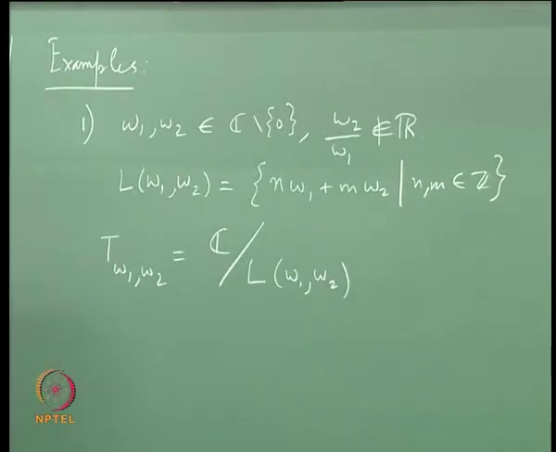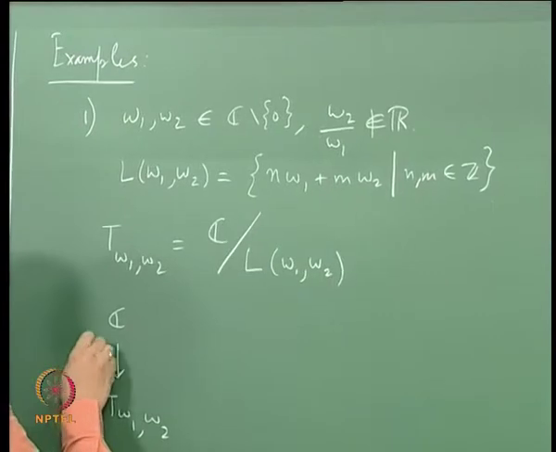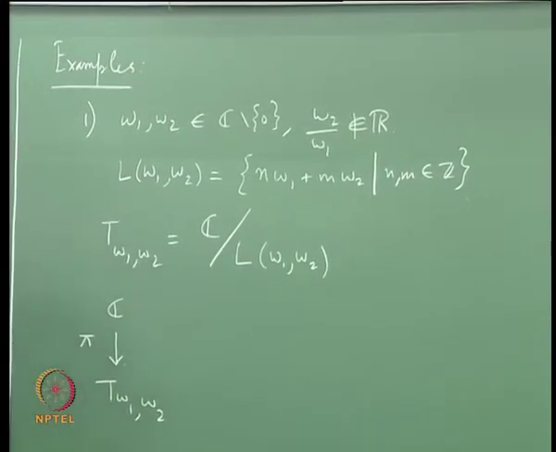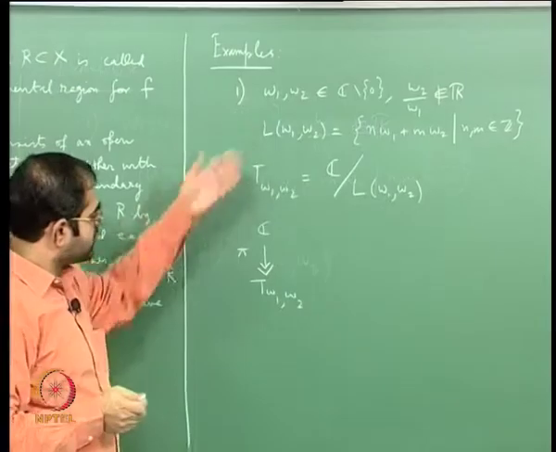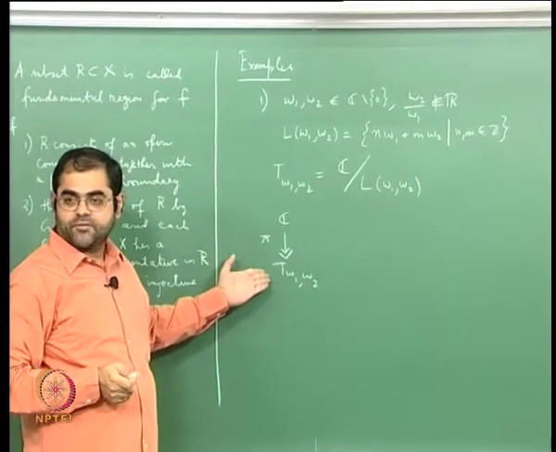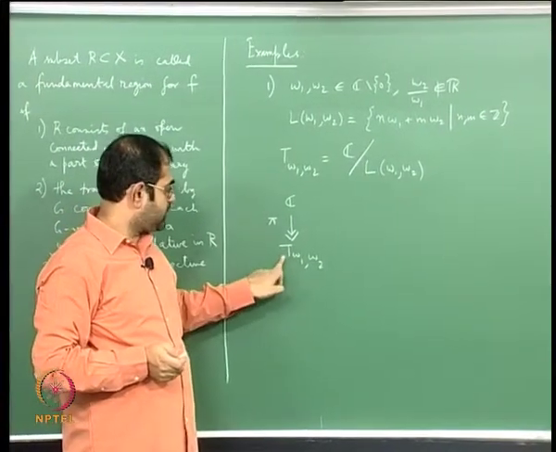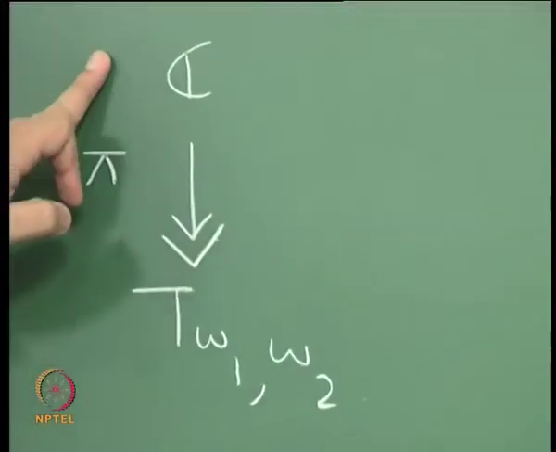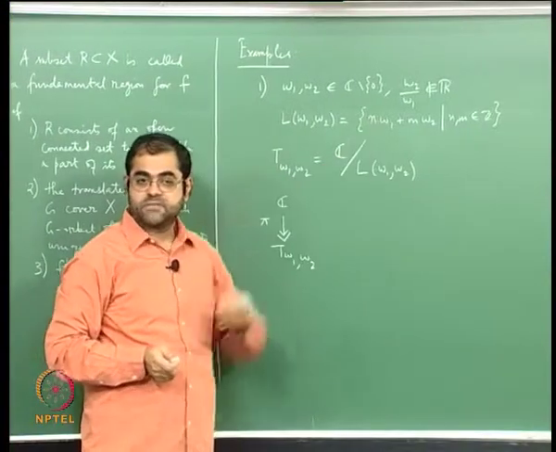If you now look at this map from C to T of omega 1 comma omega 2, let me call this map phi, the natural projection map, the quotient map. Of course you know that this is in fact the holomorphic universal covering, with the fundamental group of the torus being identified with the subgroup of Mobius transformations given by translations by elements of the lattice.